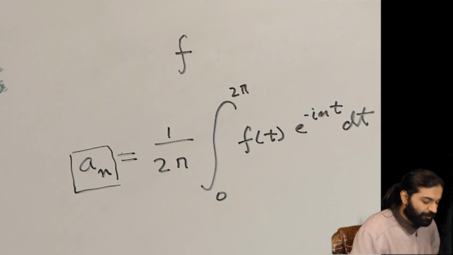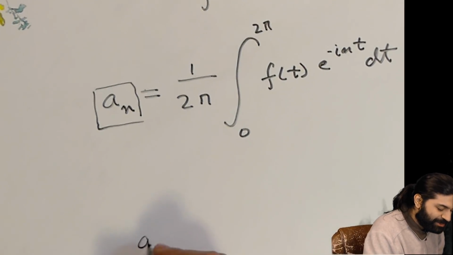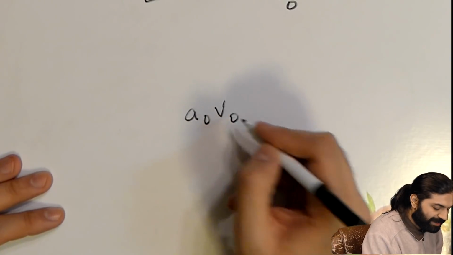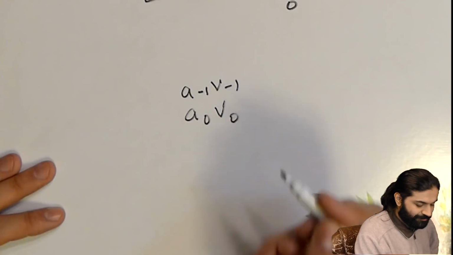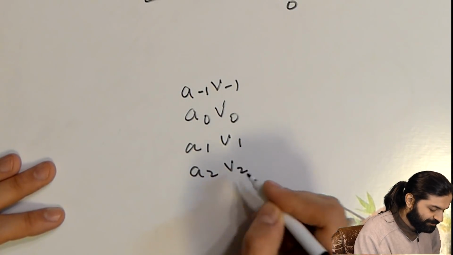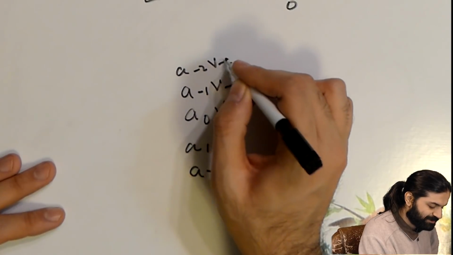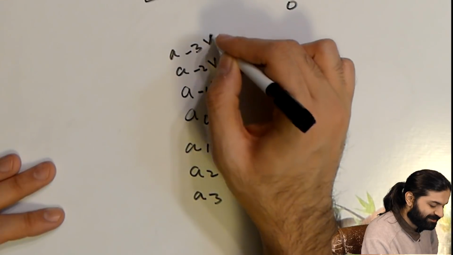And like I said, what you can do is now you can make a list of these circular paths. So, you multiply a0 by v0. You do a minus 1, v minus 1, a1, v1, a2, v2, a minus 2, v minus 2, a3, v3, a minus 3, v minus 3.